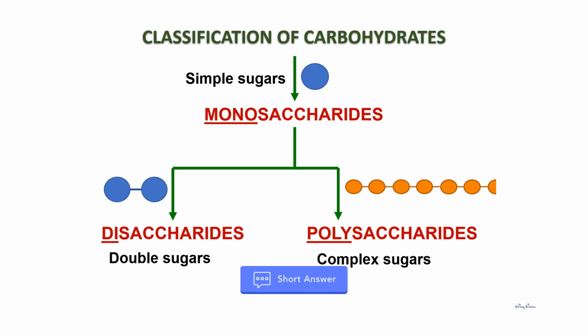Di means 2. And if the carbohydrate consists of more than 2 sugar units, usually a large number of sugars, it's called a polysaccharide, which is also known as complex sugar.